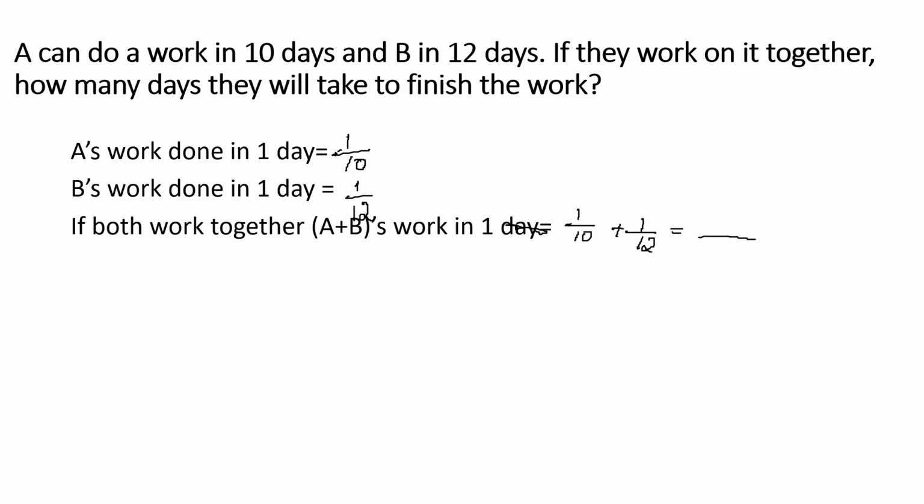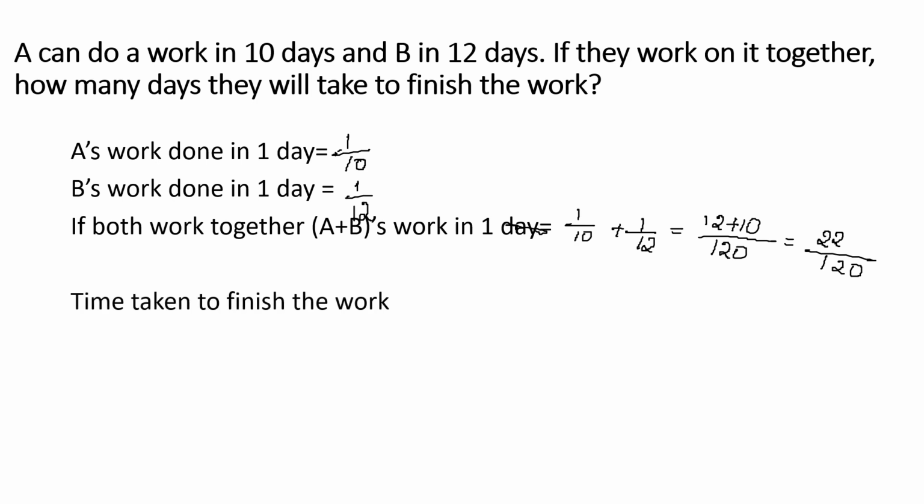If you directly simplify this, with 120, here we have 12 plus 10, that is 22 divided by 120. So time taken will be the reciprocal of this work done, 120 divided by 22, which is equal to 5.45 days.